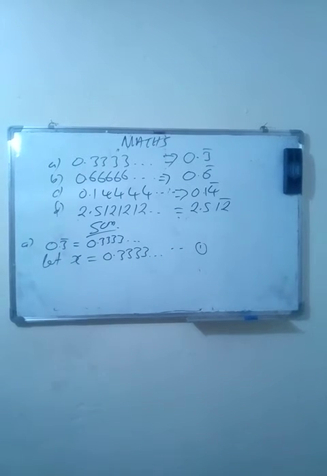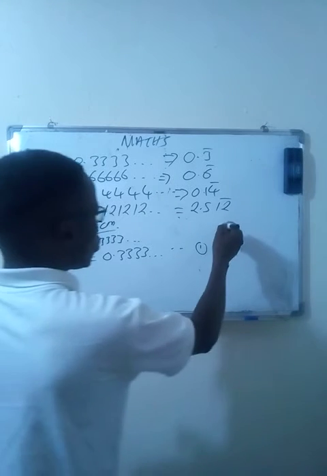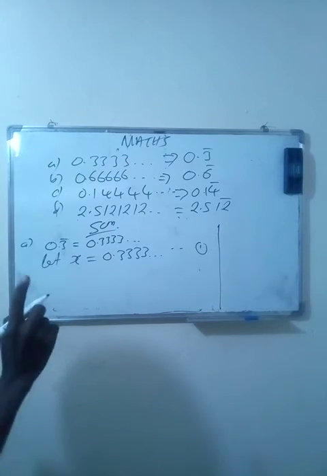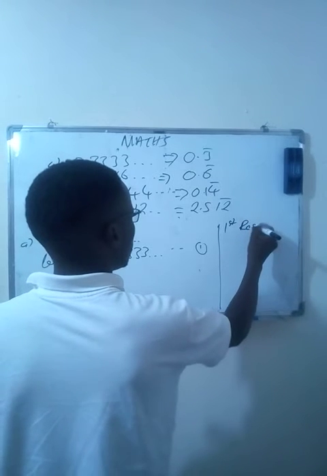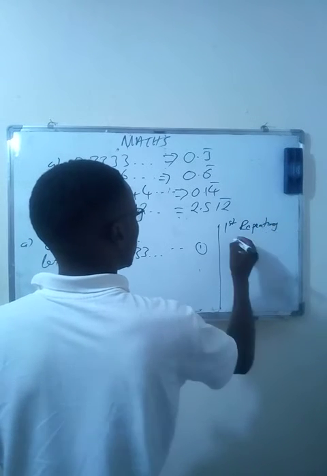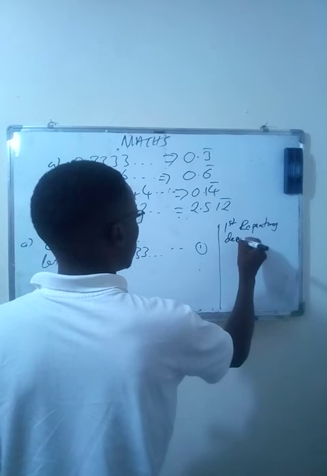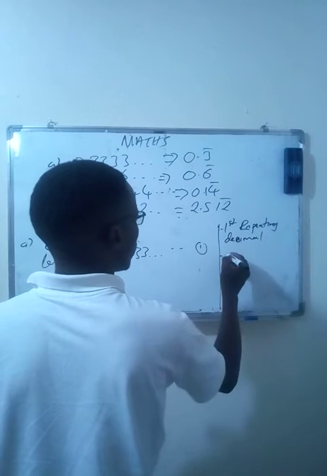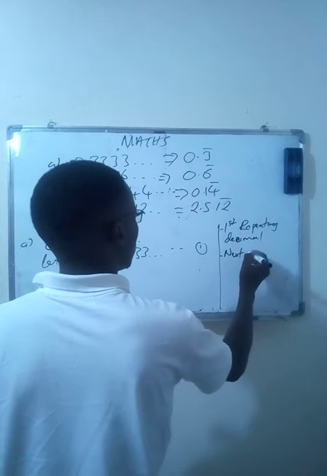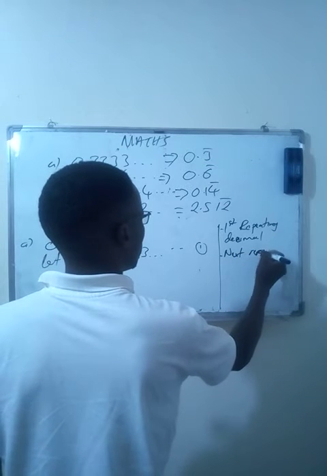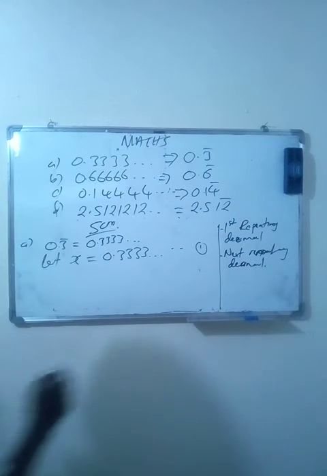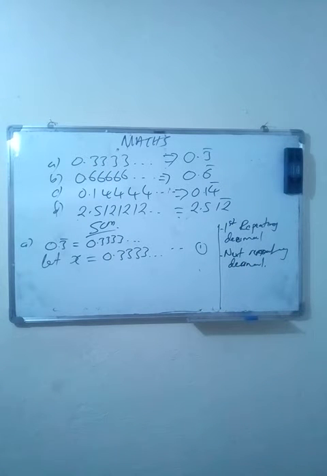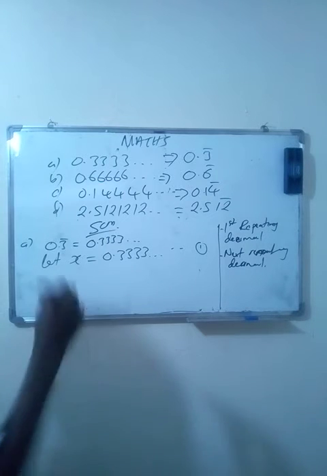And now I want you to take note of these two terms: the first repeating decimal, and the next repeating decimal. Now we have to move the decimal point to the first repeating decimal, and then we move it to the next repeating decimal.